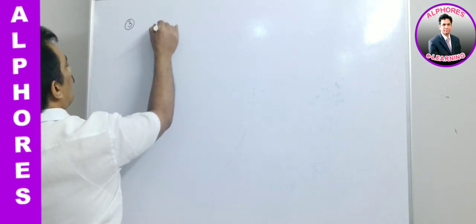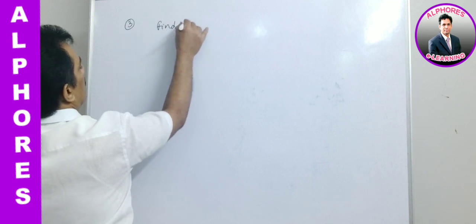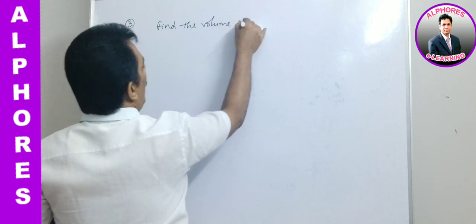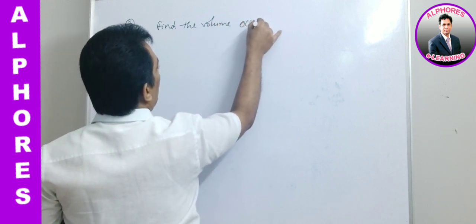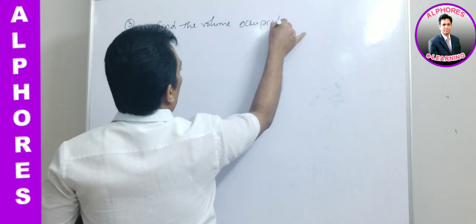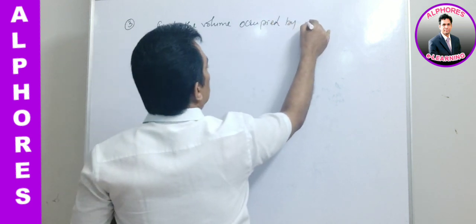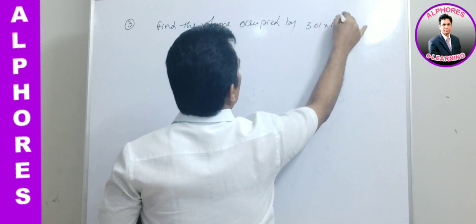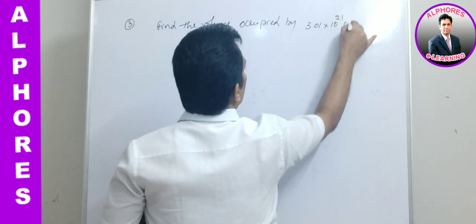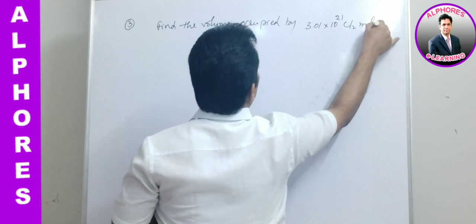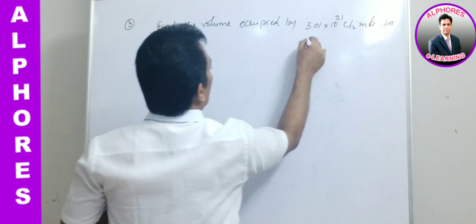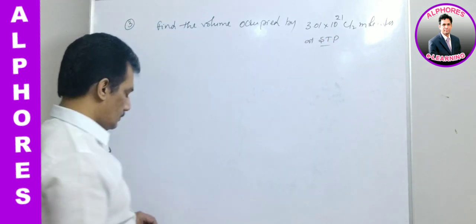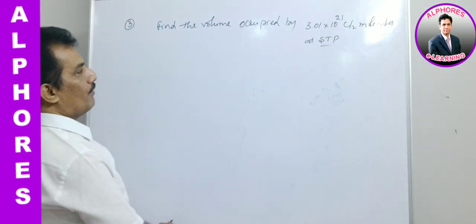Find the volume occupied by 3.01 into 10 to the power 21 Cl2 molecules at STP. That is the question they are providing.